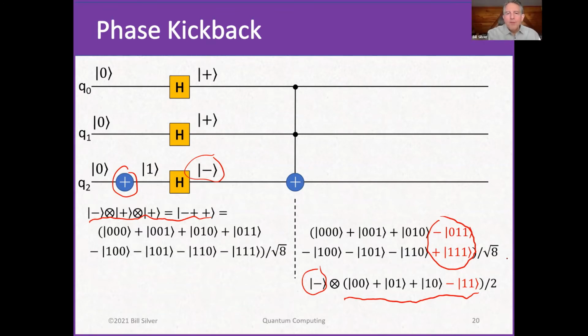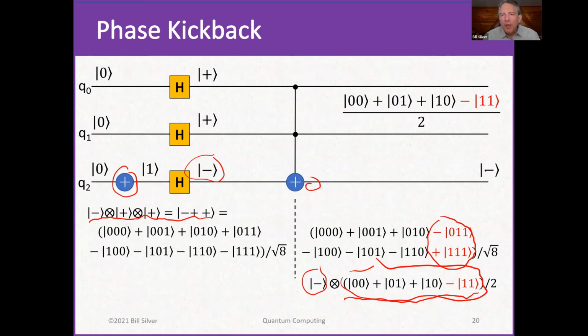That's what's coming out of the control. That's independent, but the other 2 qubits are now entangled, because these 2 qubits here, that's an entangled state. And so the minus state came in and is unchanged, just passes right through, but the top 2 qubits are now entangled, and here's the phase kickback right here.